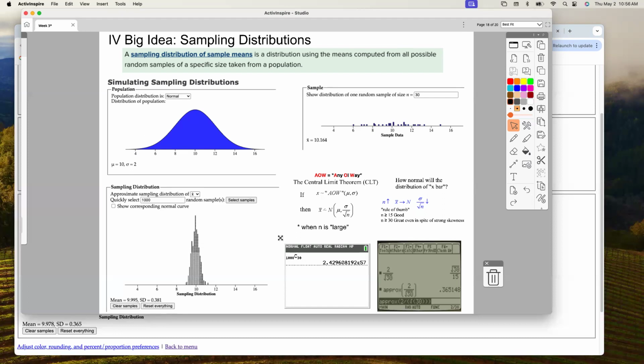Actually, the central limit theorem says this because we're not always sampling from a normal population. It could be from a skewed population, and we're still going to have the sample means be approximately normal. Now, how normal will the X bar be?